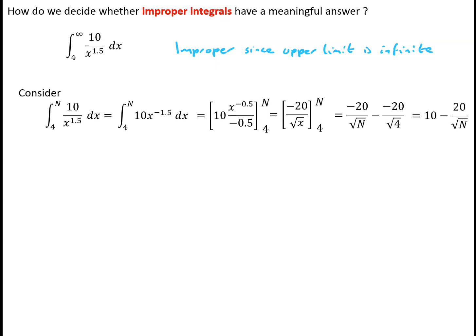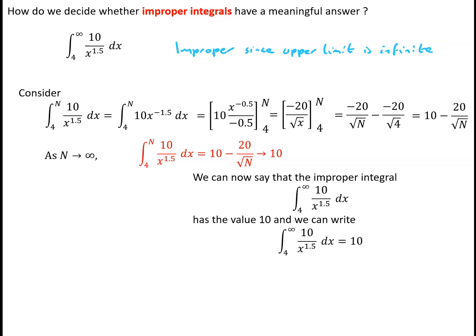Now in this case, if I allow n to tend to infinity, then we can see that the value of the integral between 4 and n of 10 over x to the 1.5, which we know is 10 minus 20 over root n, as n tends to infinity, is going to tend towards 10.